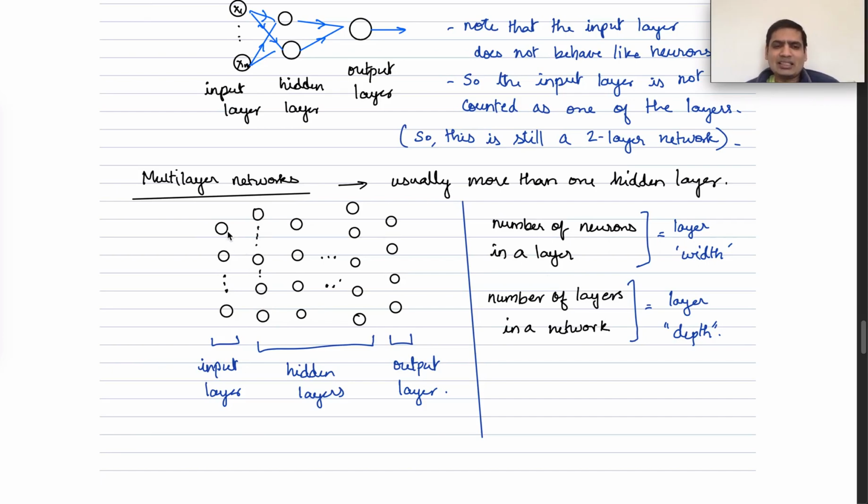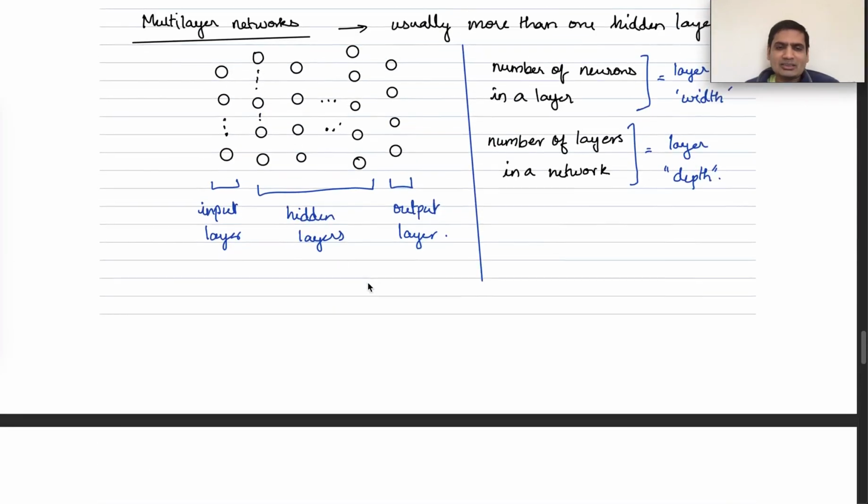Okay, and the width of the layers can be different. This can have 3 neurons, this can have 20 neurons, this can have 200 neurons. The next one can have 3 neurons. Next one can have 5 neurons. All that's totally fine. Okay. The number of neurons in each layer need not be the same, and the number of layers itself, the depth of the network, can depend on the application.